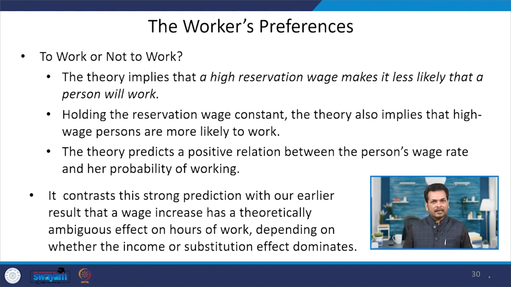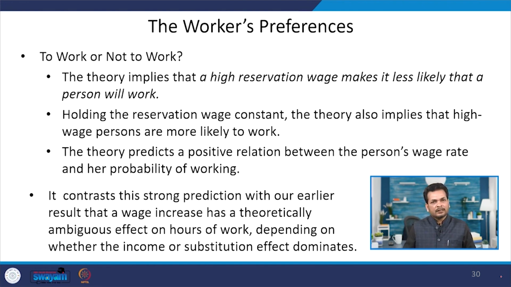Each individual has their own reservation wage. So, if the reservation wage for the individual is high, it is less likely that the worker will work at a low market wage rate. So, holding the reservation wage constant, the theory implies that high wage persons are more likely to work. The theory also predicts a positive relationship between the person's wage rate and her probability of working.